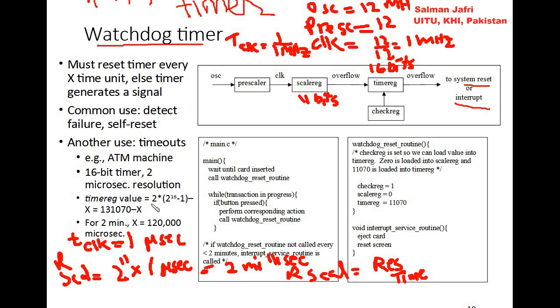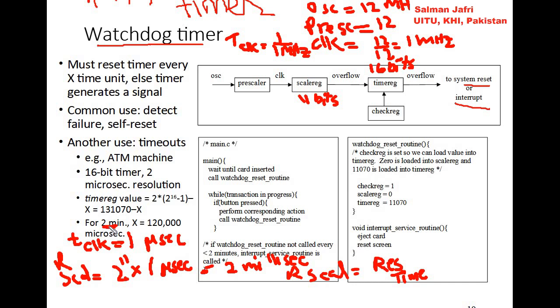The time register value equals 2 into 2 to the power 16 minus 1, which is the range of time register, minus a value of x. X would be the value that would be loaded, right? So it is required that we need a 2 minutes delay. So for 2 minutes, what is 2 minutes in milliseconds?